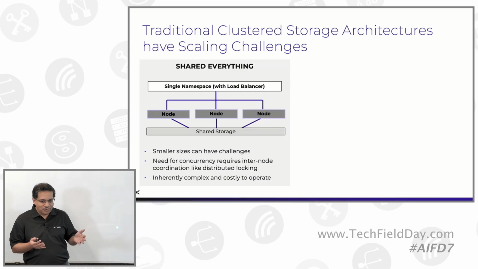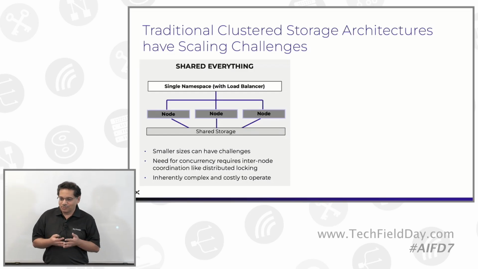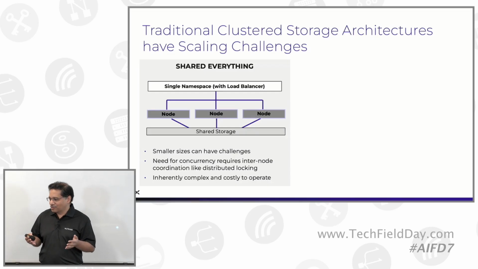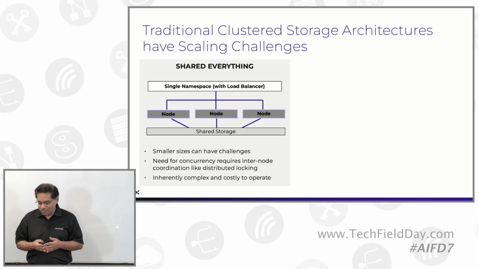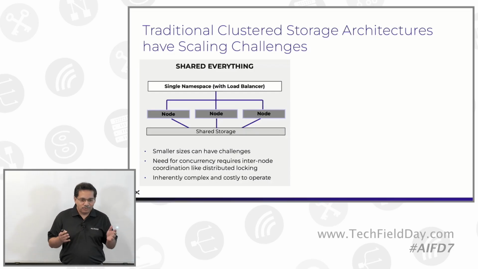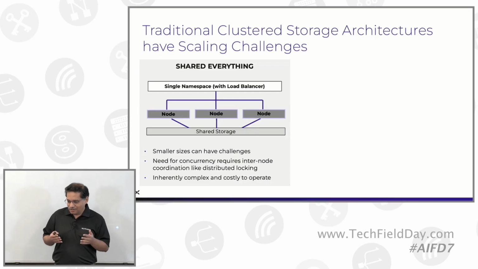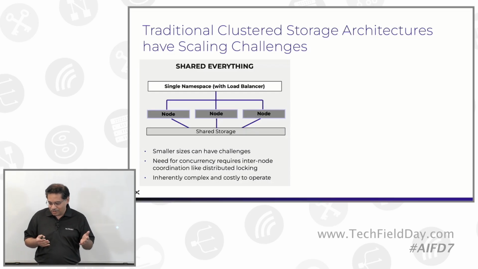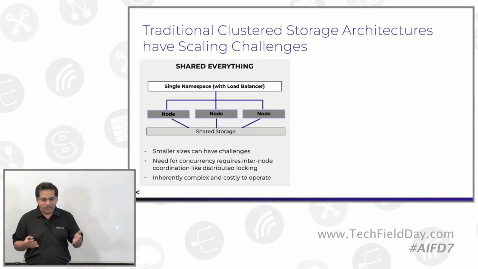This shared storage typically has been provided in the past through a storage area network, but more recently through IP-based storage. And then you run a load balancer or some way to direct clients to any of these nodes to provide a single namespace. The idea here looks great because every node has access to all of the storage, so any client can access any node and get access to any of the data.